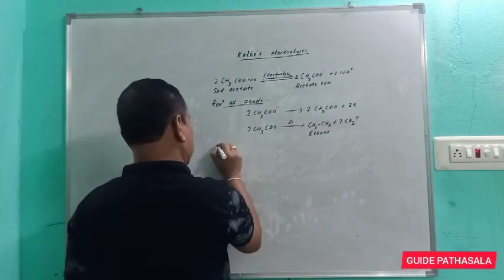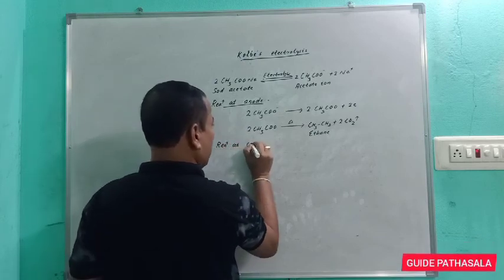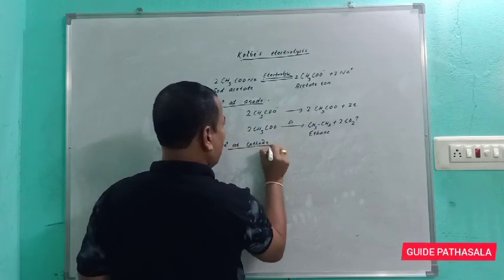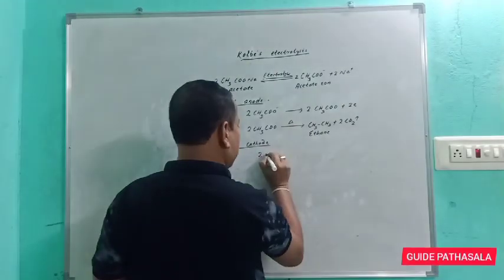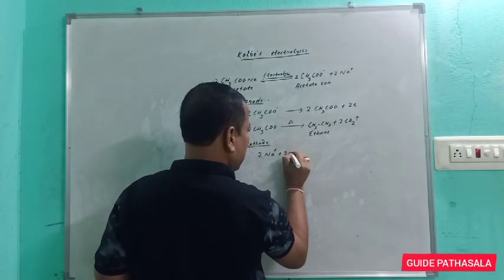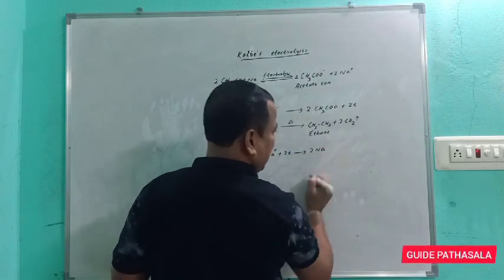Then reaction at cathode. Cathode is a negative terminal in the electric field, so sodium ion comes to this end. 2Na plus with 2e becomes neutralized to form 2 sodium atoms.